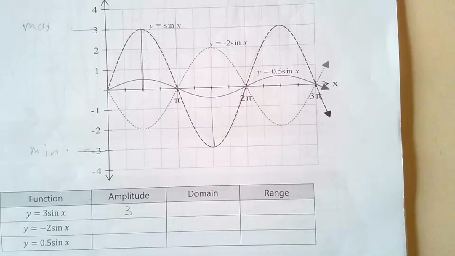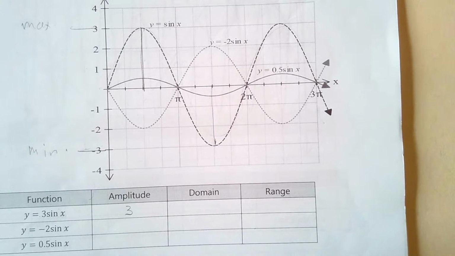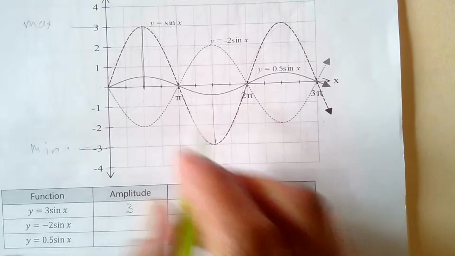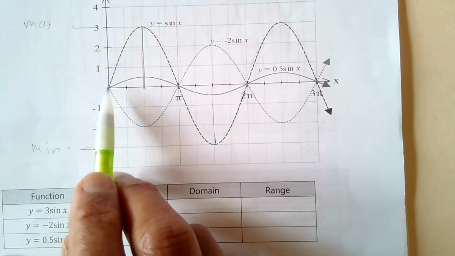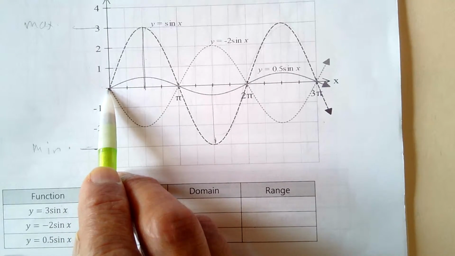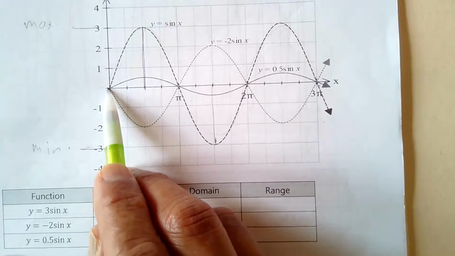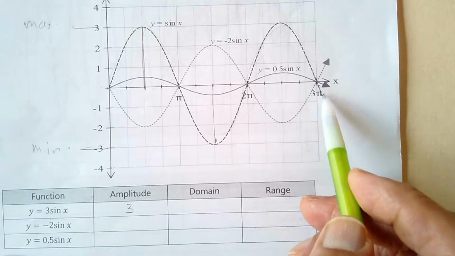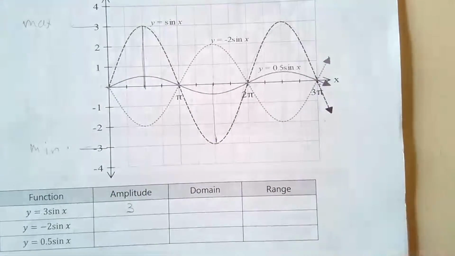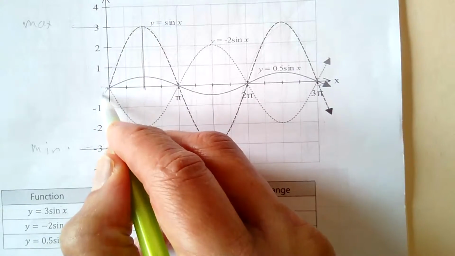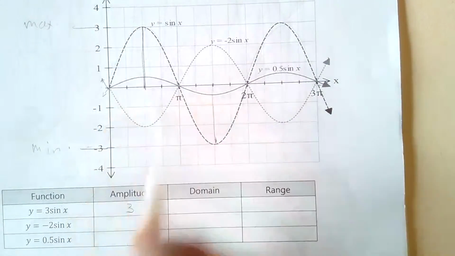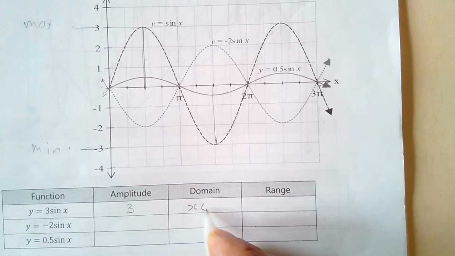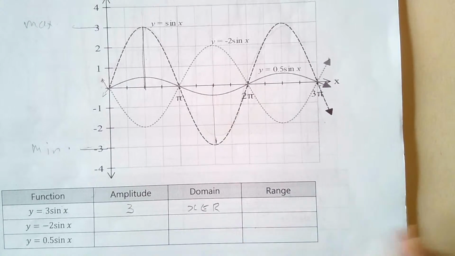Now, because this graph is continuous, it's going on forever. But in this case, we're looking at a restricted domain here, from 0 to 3 pi, but the arrowhead points out that the graph is continuing. If it's continuing, x would be all the real numbers, because there's no restriction.